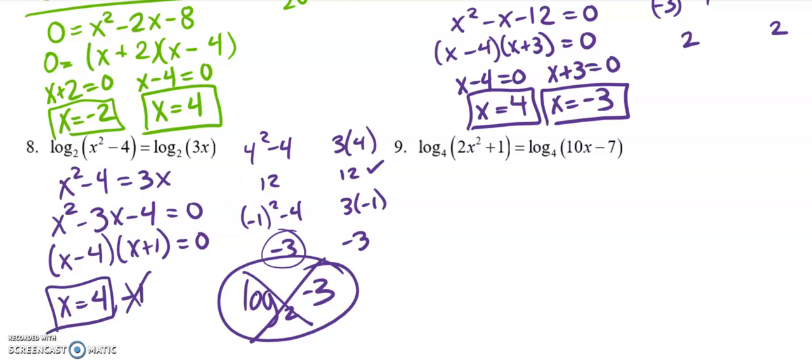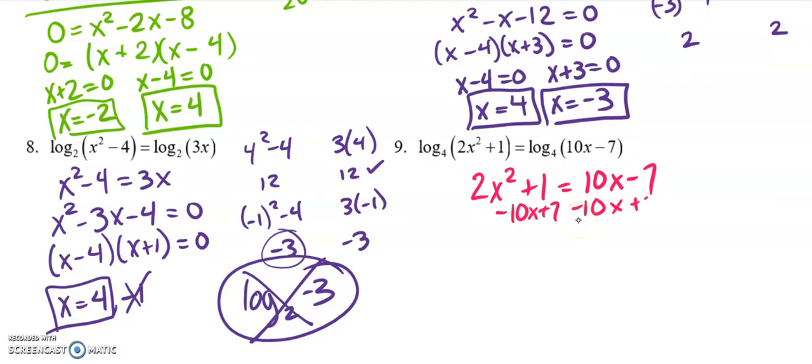Last one, number 9: log base 4 of 2x squared plus 1 equals log base 4 of 10x minus 7. The bases match, so what we're taking the log of also has to match. I'm going to move everything over to the left. 2x squared minus 10x plus 8 equals 0.